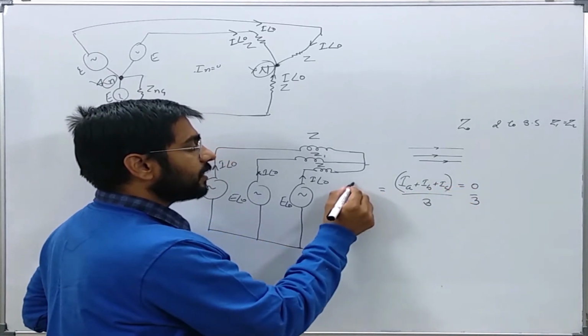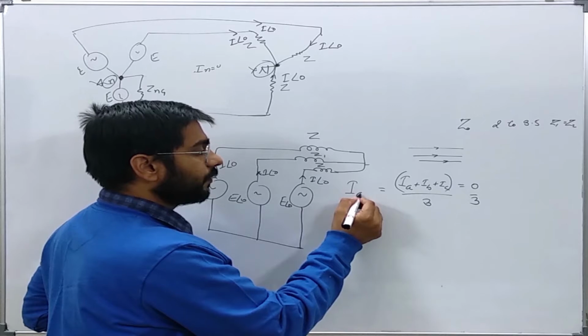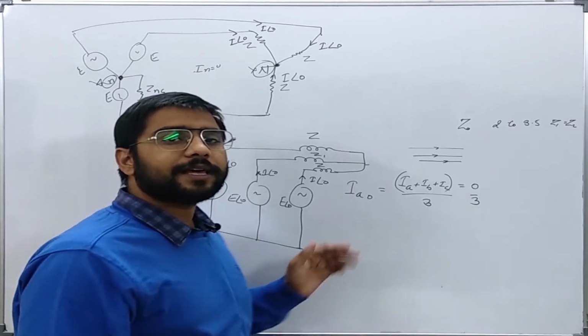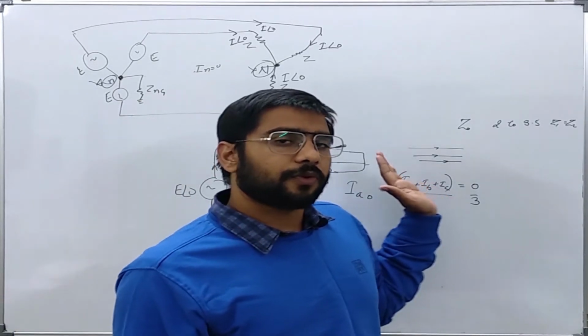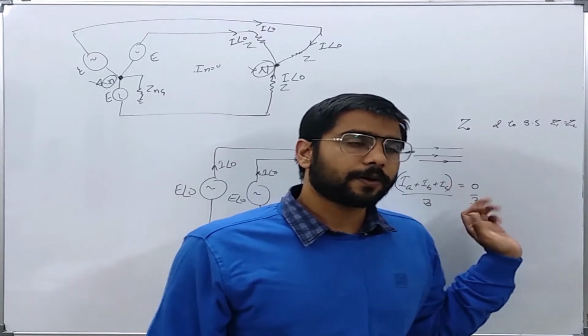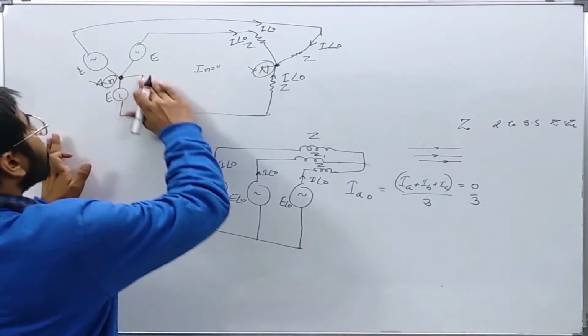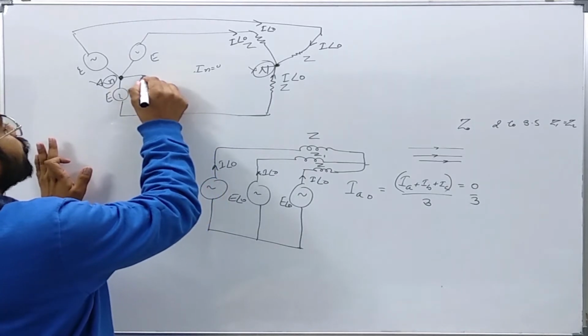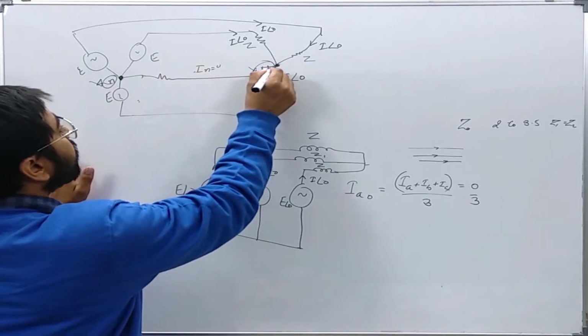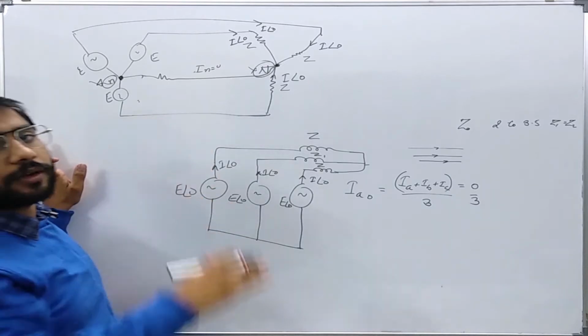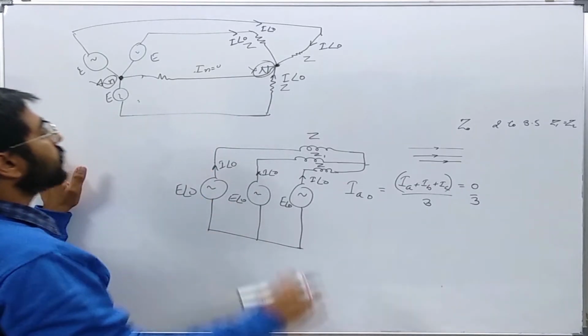So you can clearly see that the zero sequence current will be 0 whenever there is no path for their flow into the system. Like if the neutral is not connected. If in this case the neutral was connected like this, then zero sequence currents would have a path to flow.